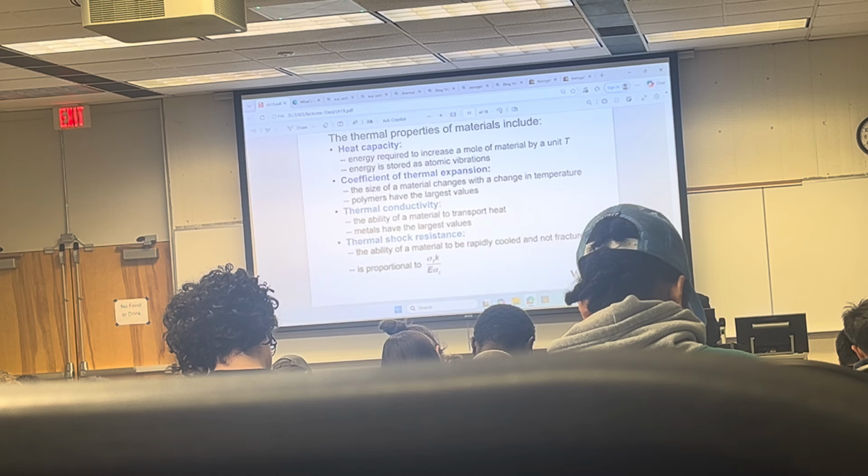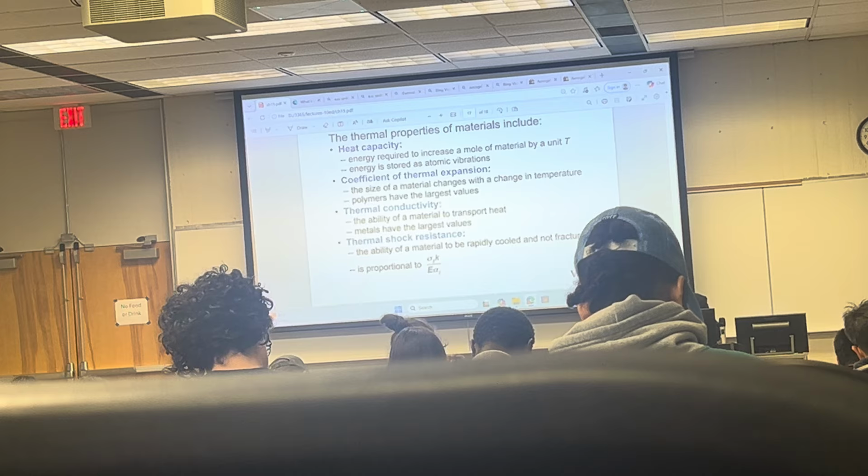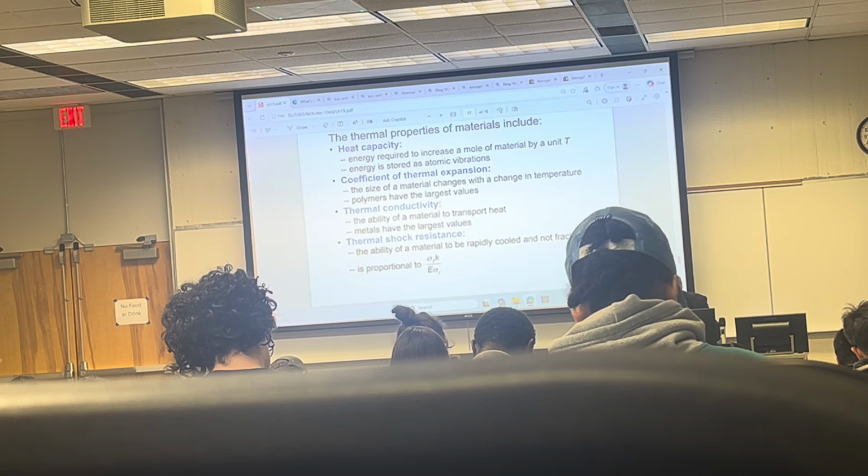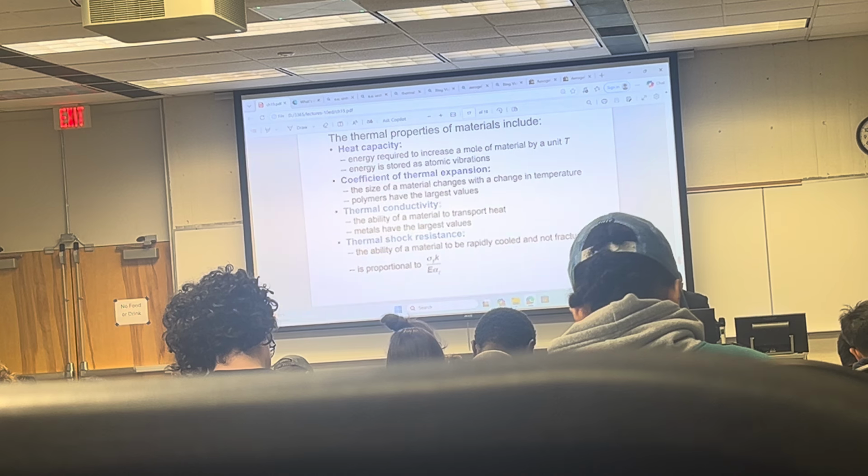That's the first question. The second question is to calculate the fraction of lattice sites that are Schottky defects at 800 degrees centigrade or so, and you're given the energy of the defect formation in electron volts.